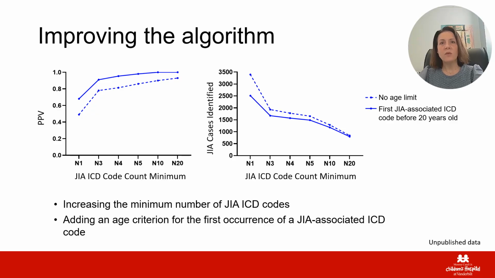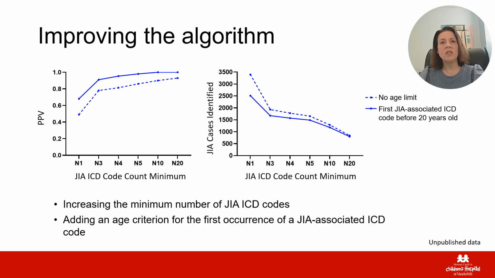With the help of the VUMC phenotyping core, we have been making these algorithms portable and introducing the changes discussed on the prior slide. On the left y-axis is positive predictive value, and the right y-axis is JIA cases identified. Across the x-axis is the number of JIA ICD code counts required as a minimum.